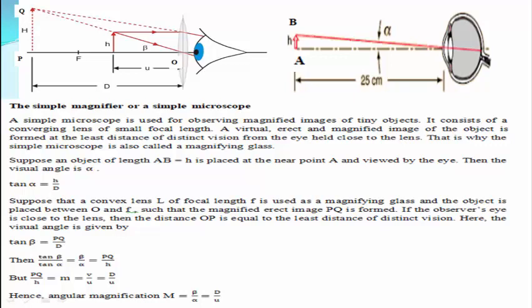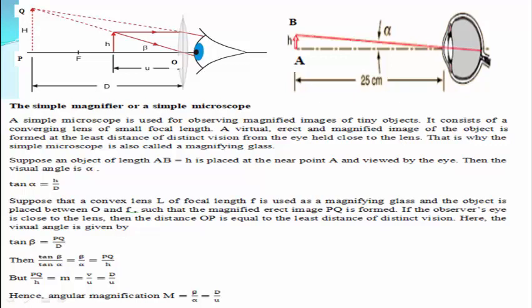Then the visual angle subtended at our eye is alpha, then tan alpha is equal to h divided by d, where d is nothing but the least distance of distinct vision, which is taken as 25 cm. For this mathematical step, you have to observe figure B, that is your second one.